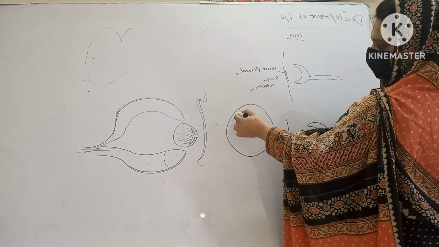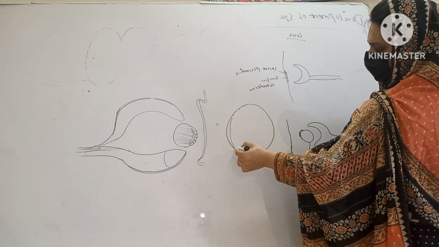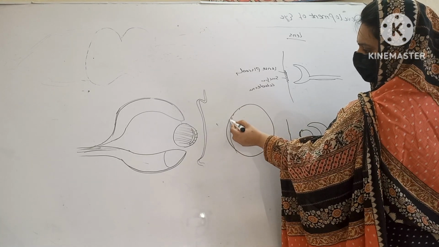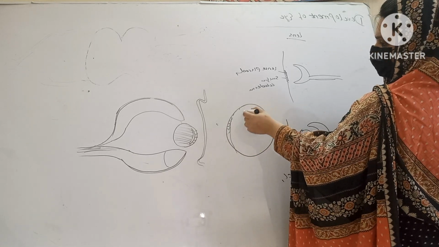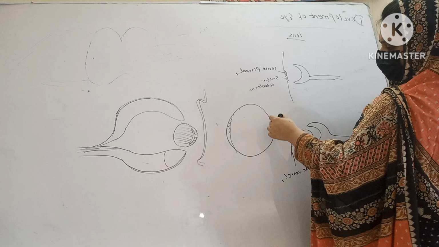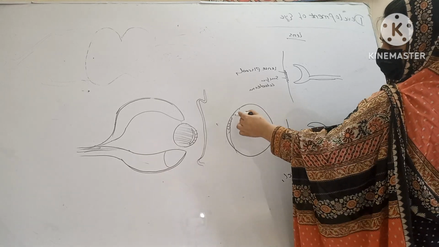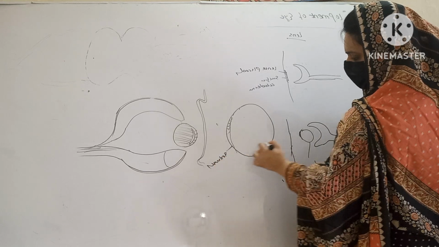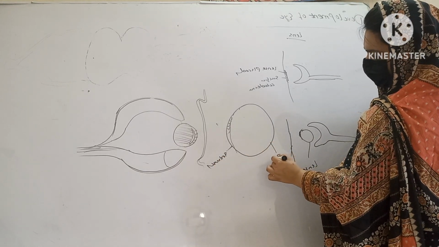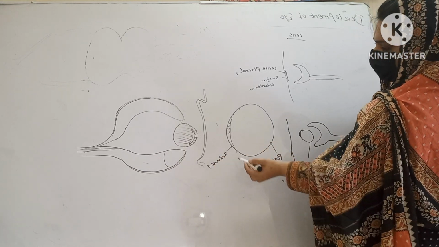The lens vesicle has an anterior epithelium which is of simple cuboidal cells, okay? This is the anterior wall, and this one is the posterior wall of the lens.